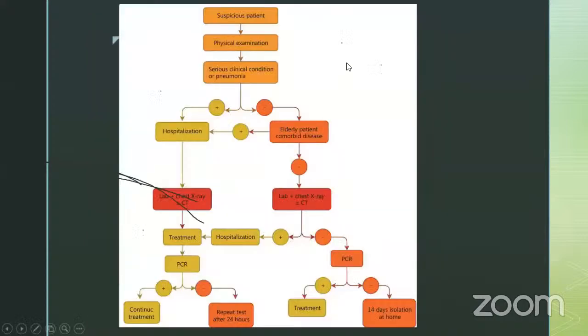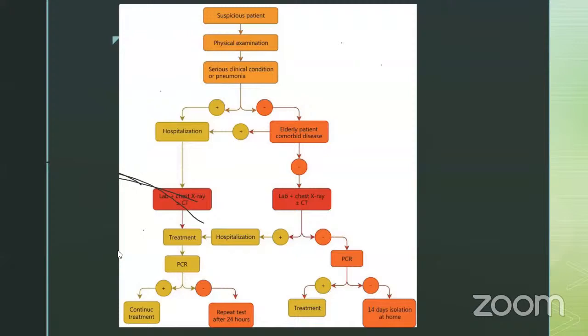And a word about the treatment algorithm. If a patient presents to us with symptoms suspicious of COVID, first we have to do a physical examination. If he has any serious clinical condition or pneumonia, we can directly hospitalize them and right away do the lab tests, biomarkers, chest X-ray, and if available, CT at the instant.